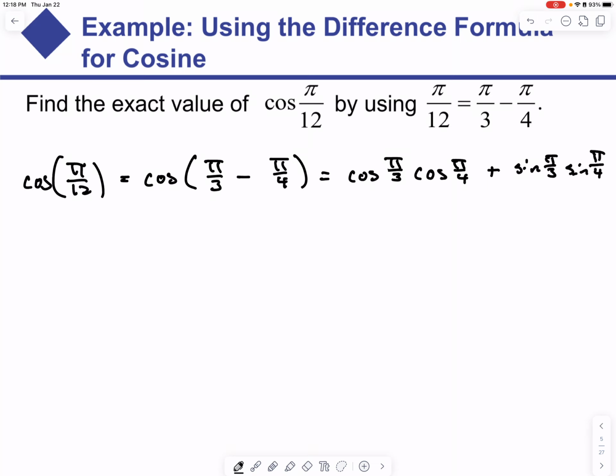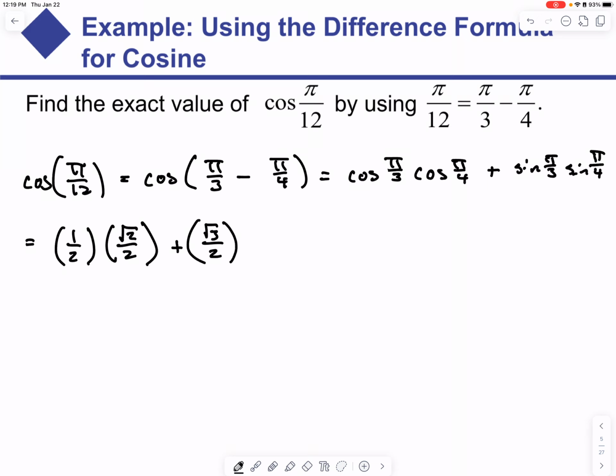Pi over 3 is 60 degrees. If we use the unit circle, cosine of pi over 3 should be a half. Cosine of pi over 4 should be root 2 over 2. Plus sine of pi over 3 should be root 3 over 2 from the unit circle.